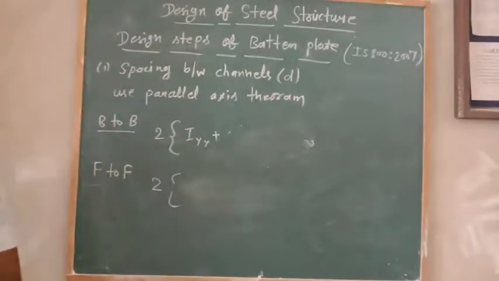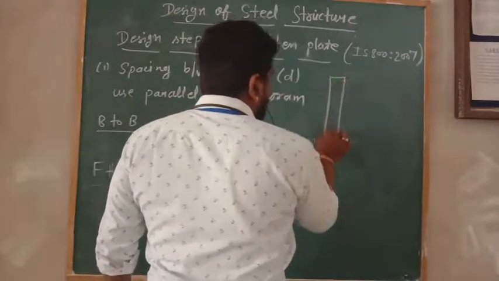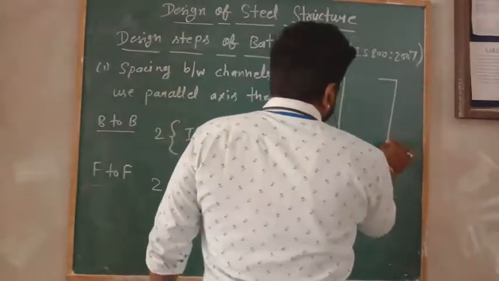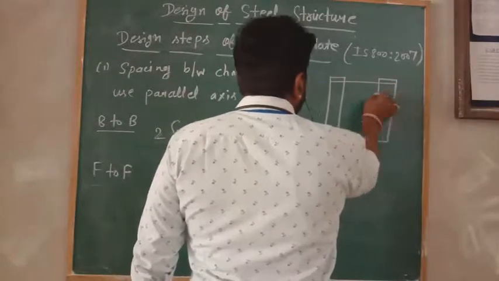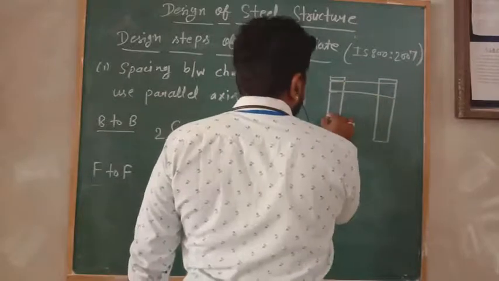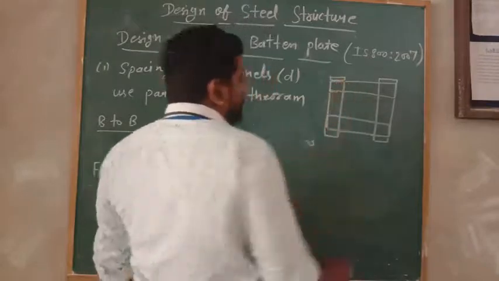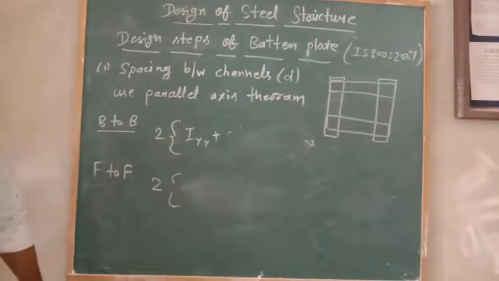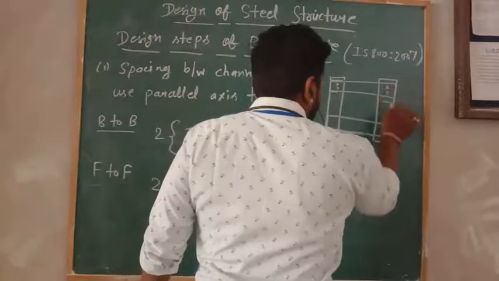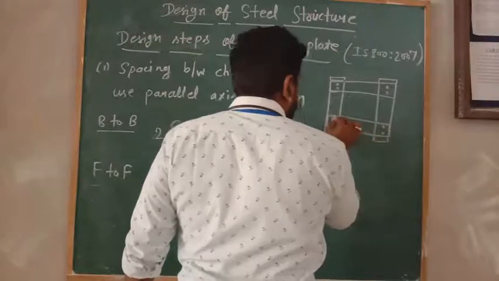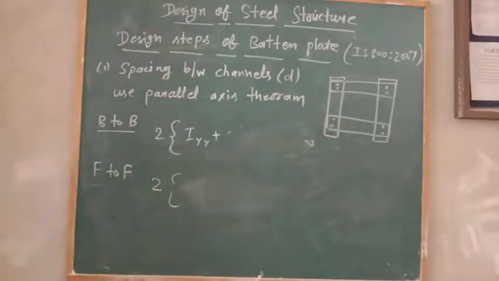Suppose two column sections are like this and they are connected with a battening plate like this, one at the top end and one at the bottom end. Bolted connection is required, so we can do bolted connection at the ends of the battening plate. In the second step we find the spacing between battens.